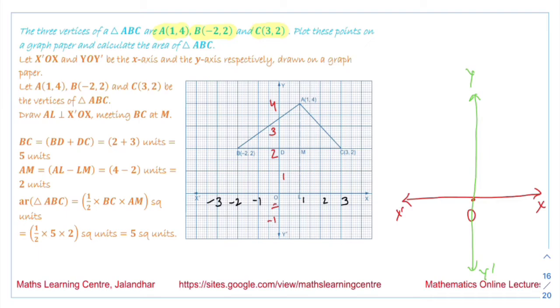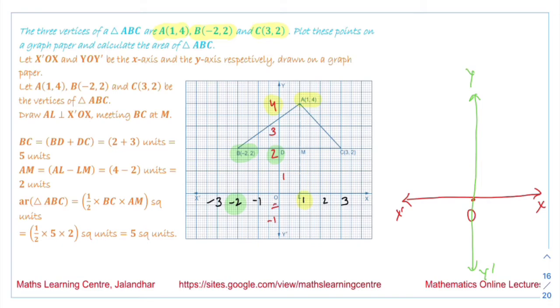Now the first point we have to draw is 1 comma 4. This means on the x-axis it is 1, on the y-axis it is 4. So we get this point A as 1 comma 4. Next we have to draw B as minus 2 comma 2. This is minus 2, and in the y direction it is 2.